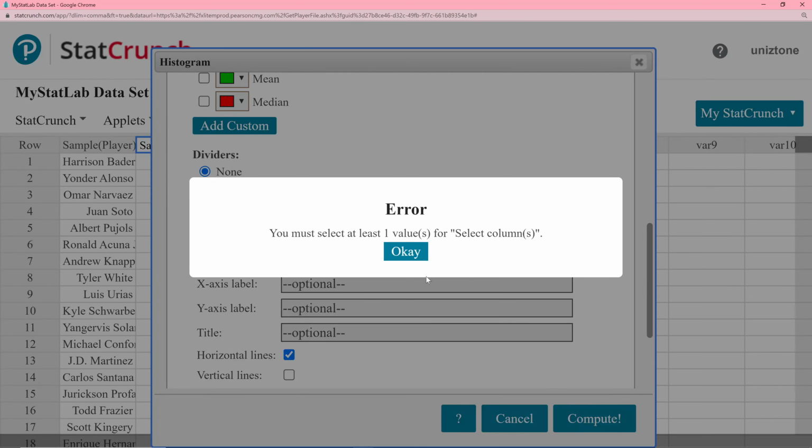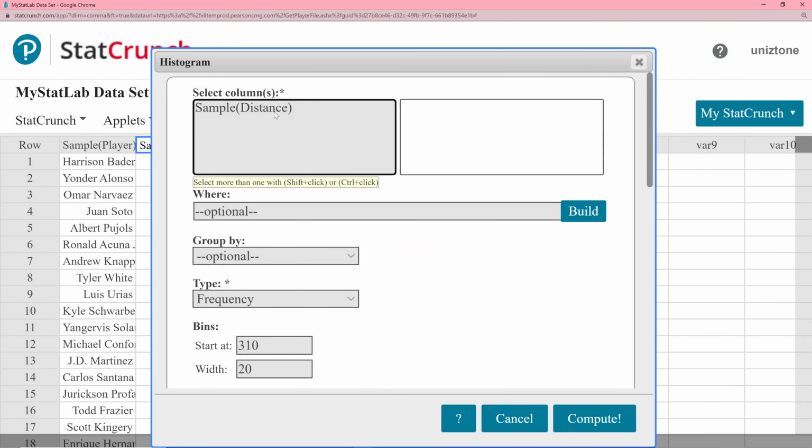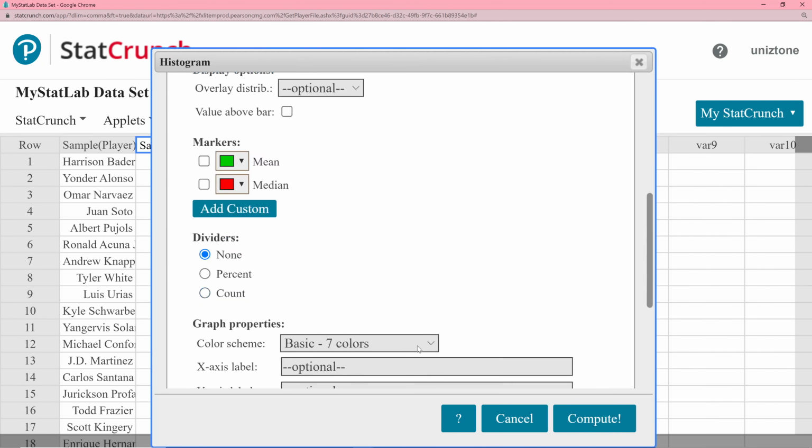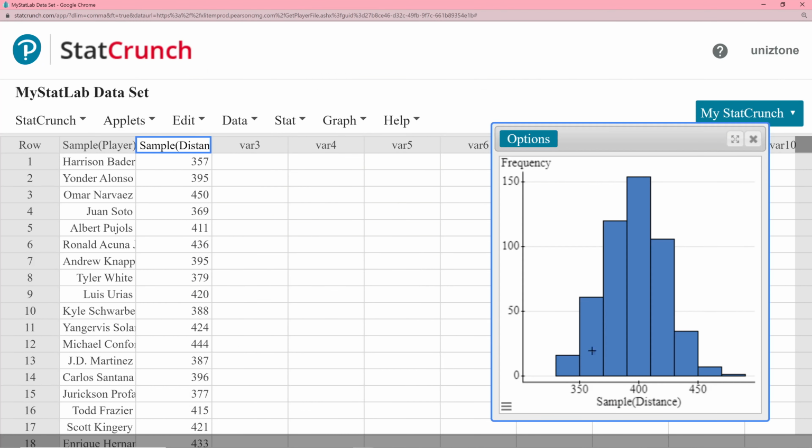Just graph it. You must select the column. I never selected the column. There, the column is now selected. And that's a normal distribution. That is symmetrical. It looks good.